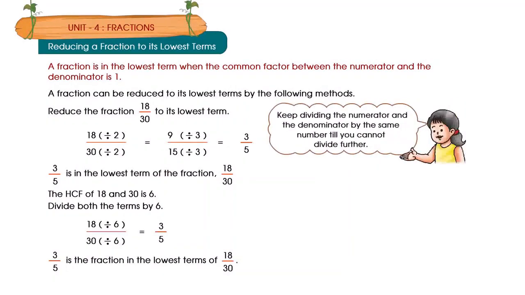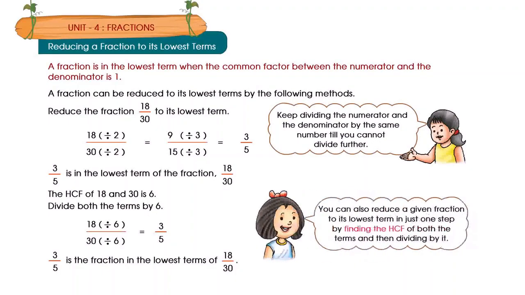Keep dividing the numerator and the denominator by the same number till you cannot divide further. You can also reduce a given fraction to its lowest term in just one step by finding the HCF of both the terms and then dividing by it.